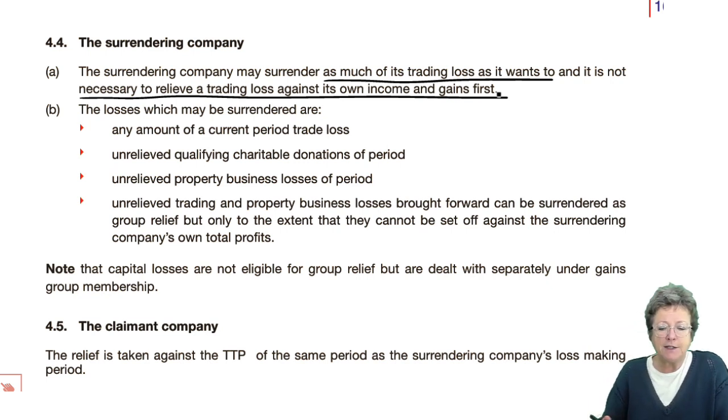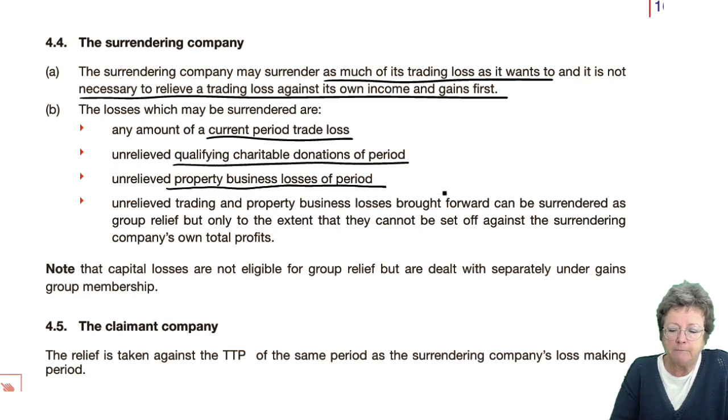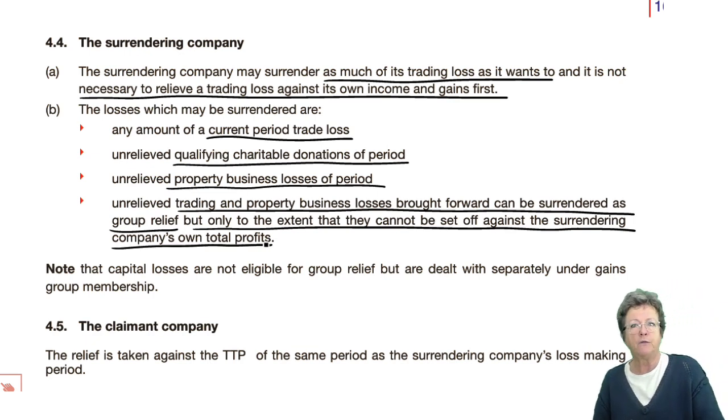The losses that can be surrendered: current period trade loss, those QCDs, this is a recap, and unrelieved property losses in the year. Trade losses and property losses brought forward can be surrendered as group relief, but only to the extent that they cannot be set off against the surrendering company's own total profit first.